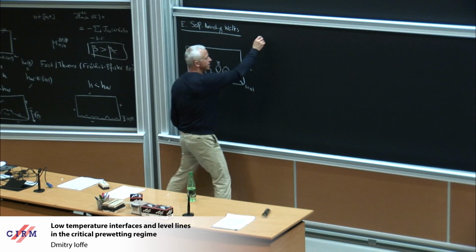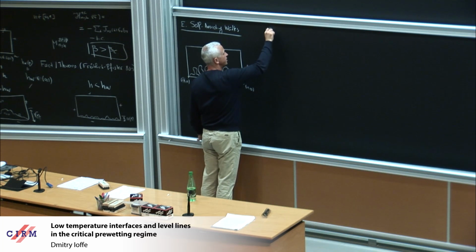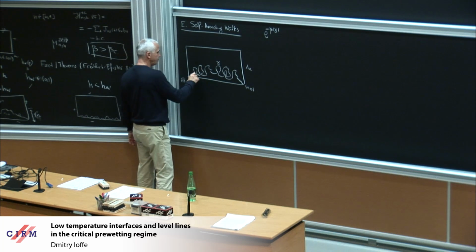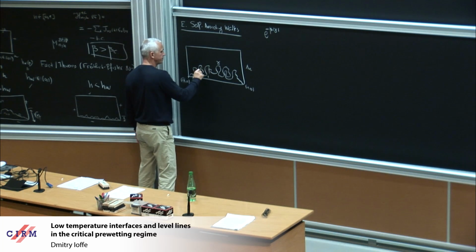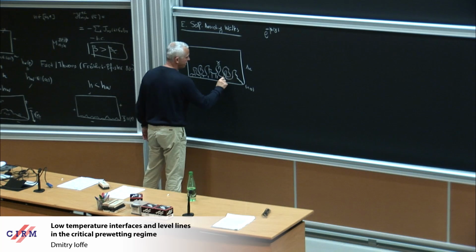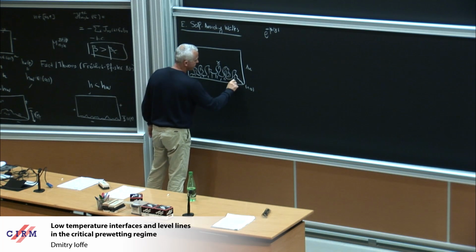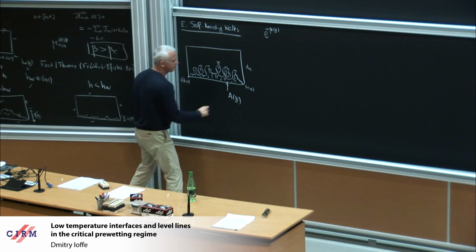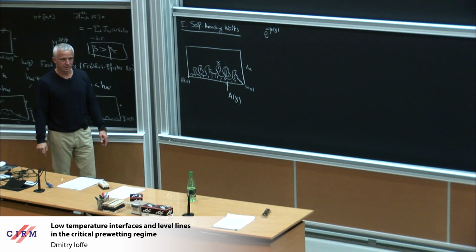Okay, and then the weight of this will be like that. And here's the region behind this gamma, which, say, let me call the area of this region A of gamma.